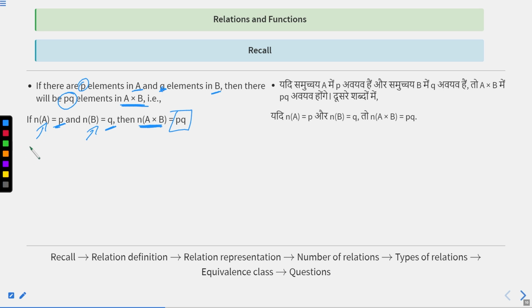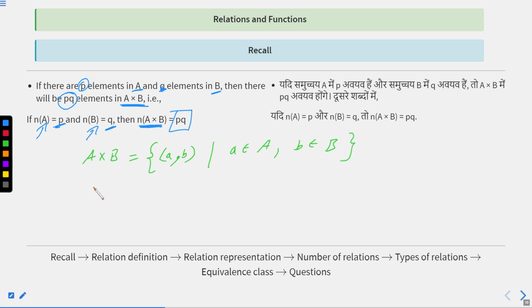Quite easy. In A cross B, we want pairs (a, b) such that a belongs to set A and b belongs to set B.